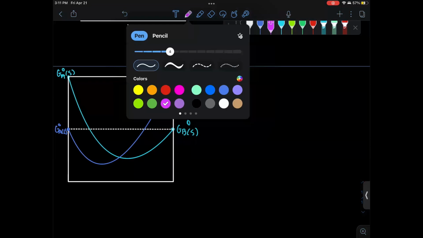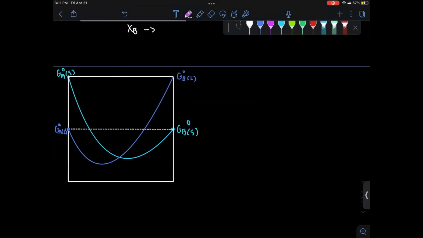Now look what I've done here. What I'm doing is I'm going to split up my graph into different regions, and I now have a couple different Gibbs free energy curves. So I have my Gibbs free energy curve if I were to choose liquid to be my standard state for both, and I have it where I were to choose solid to be the standard state.